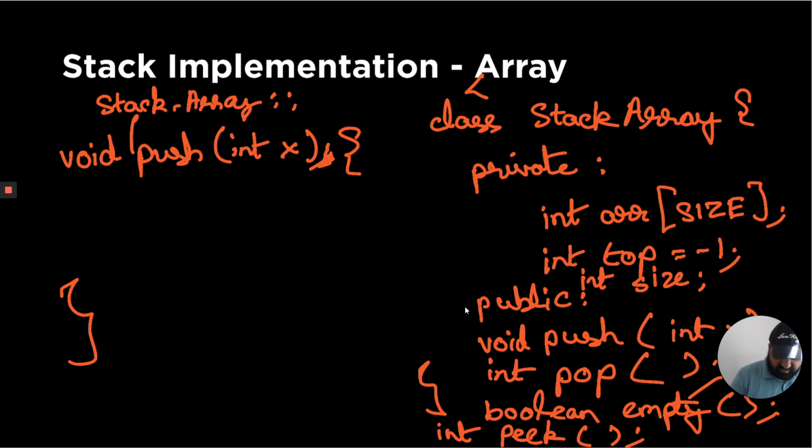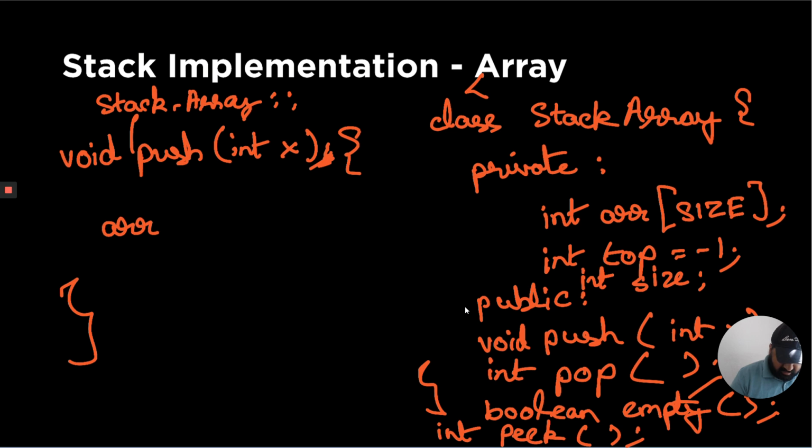How this works is, for the sake of simplicity, I'm assuming that there's not going to be something tricky here, but simply you're going to do arr[++top] = x. So initially top is -1.